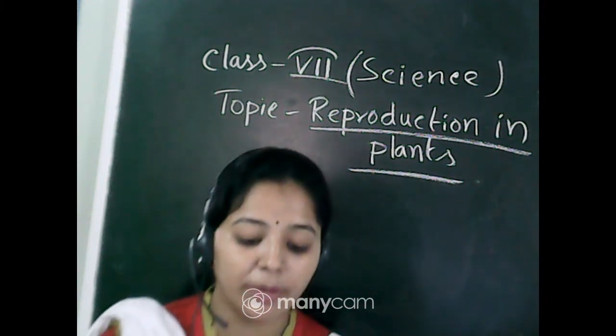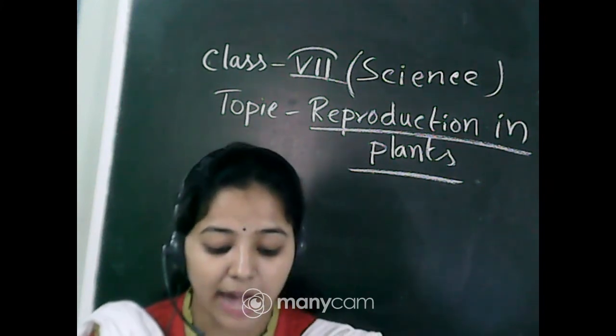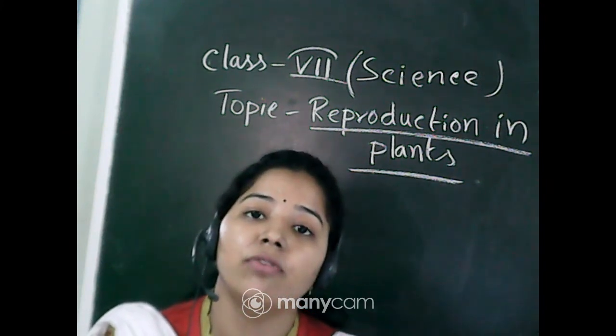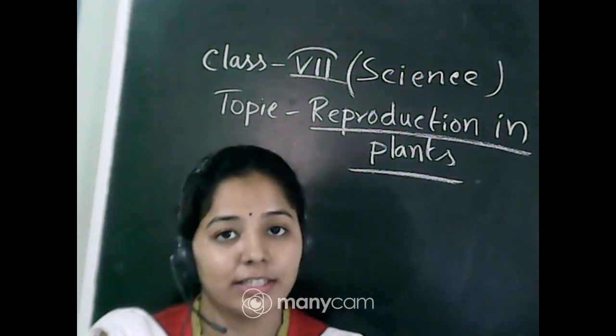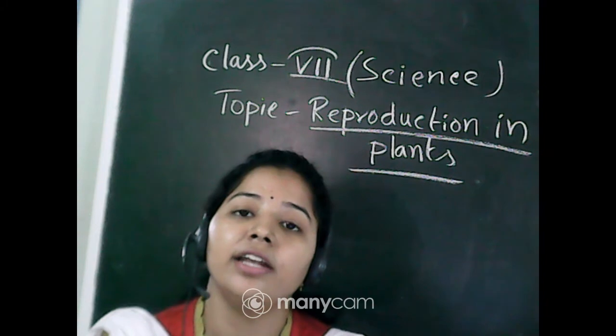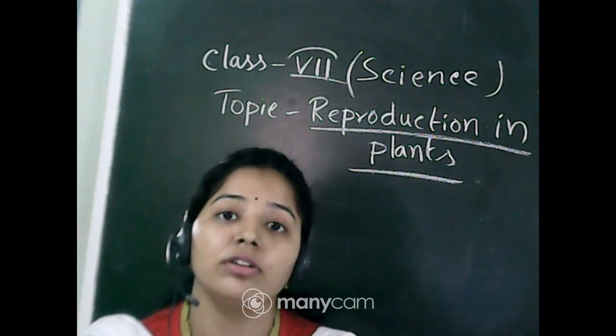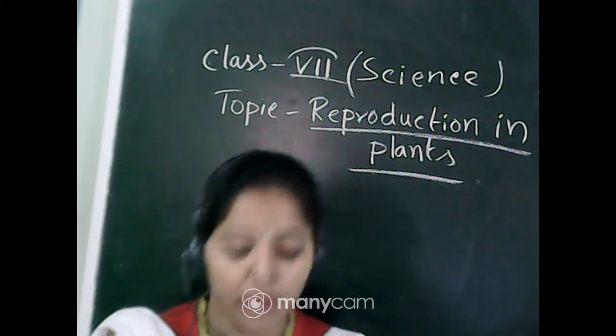The process of reproduction is very important for life, as it is essential for continuity of the species, as I have already told. In this process, any organism just produces its same kind of organism or species.